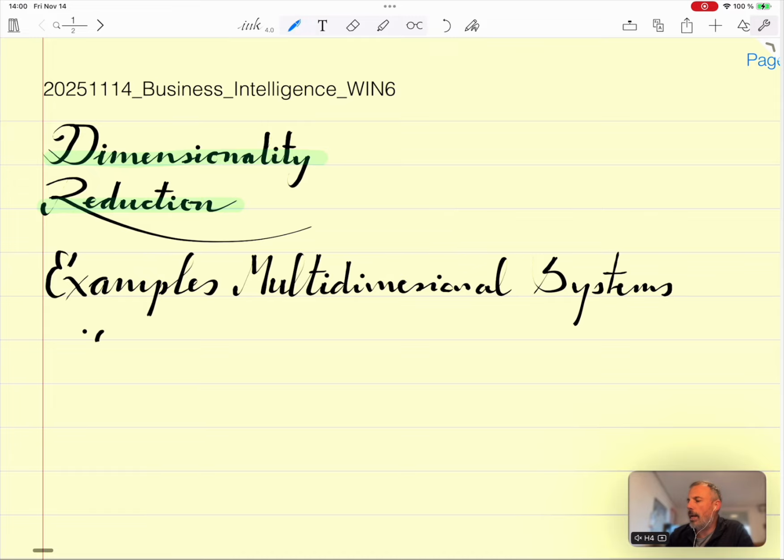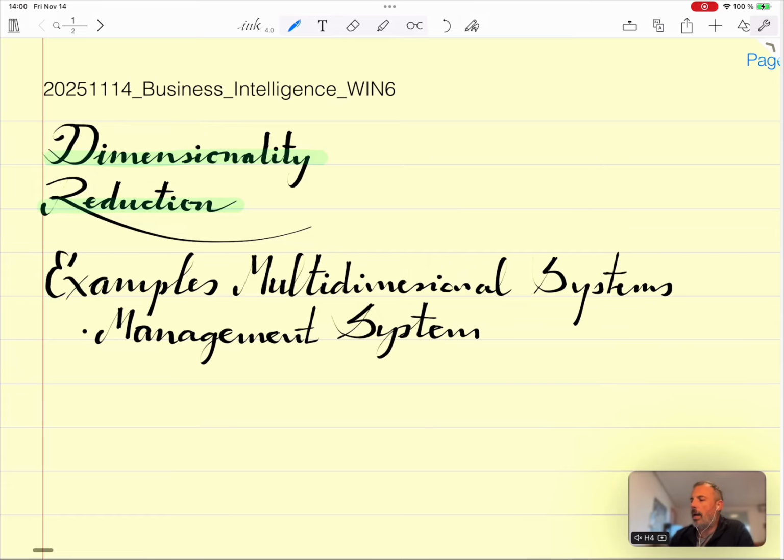The management system of a company has many dimensions because it has many KPIs.